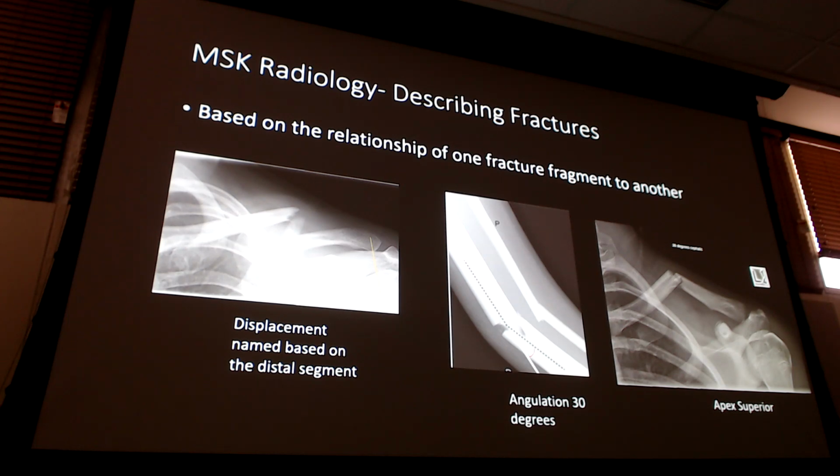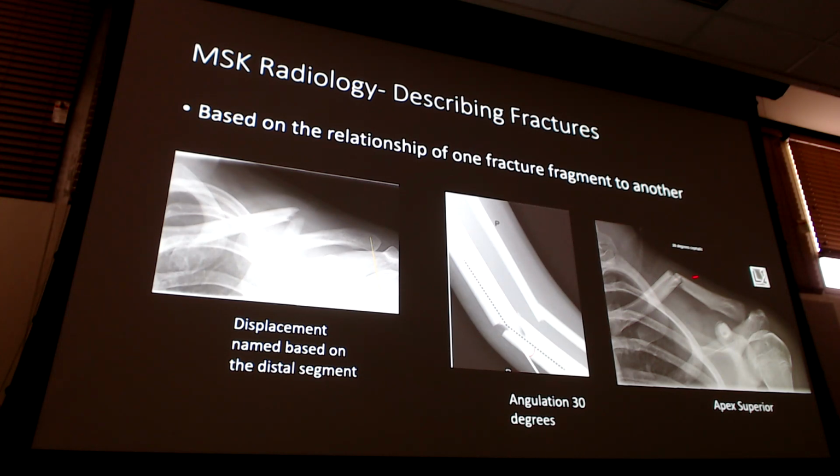Okay, that wasn't a word in the last slide, but in comparison, distal fragment. Don't worry about the degrees of angulation, right? This is the one I want you to focus on, apex superior. So when you have what looks like similar comminution here, it looks simple to me.